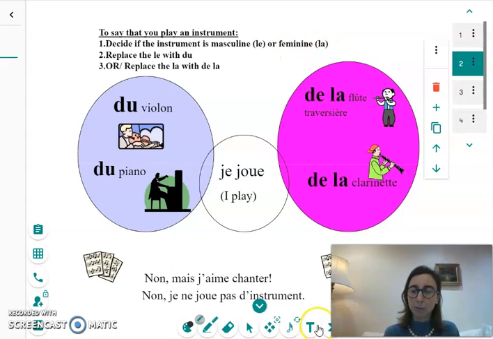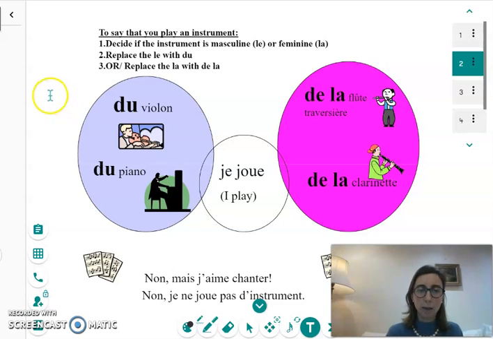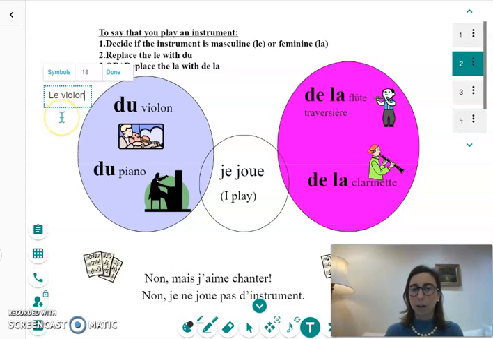Okay, so we're going to put the French word for the violin, le violon. Now, remember, what do you think? Is this masculine or feminine? Le violon is masculine.